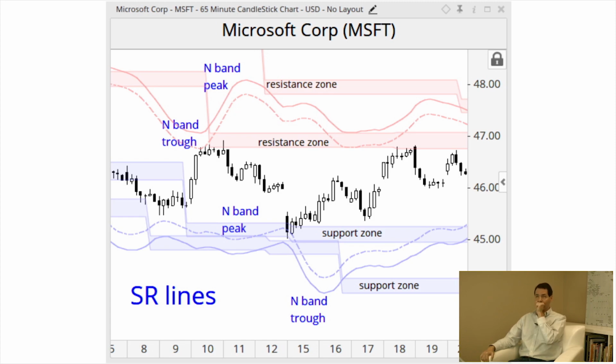And so this zone, when projected forward, begins to say, hey, why does price stop there and reverse? Let's look at this chart here. At the trough on the 9th or the 10th, we have a resistance zone that is projected forward.